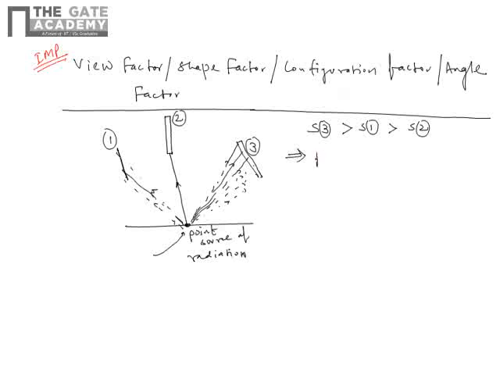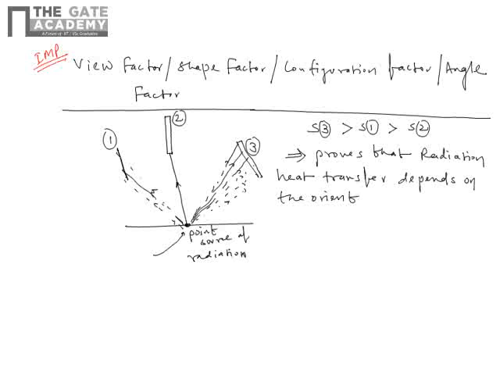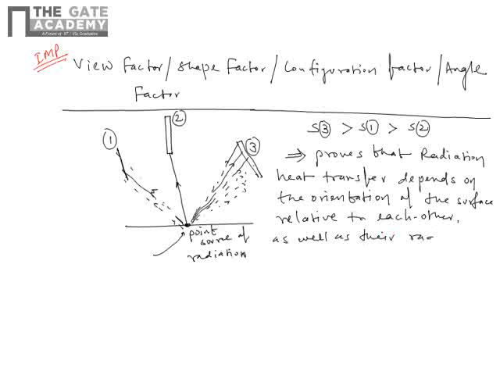This proves that radiation heat transfer depends on the orientation of the surfaces relative to each other, as well as their radiation properties and temperatures.